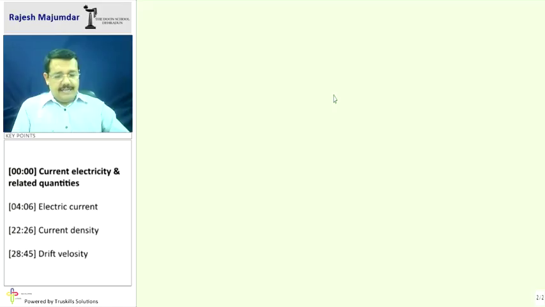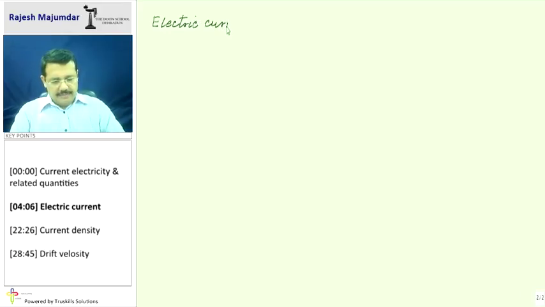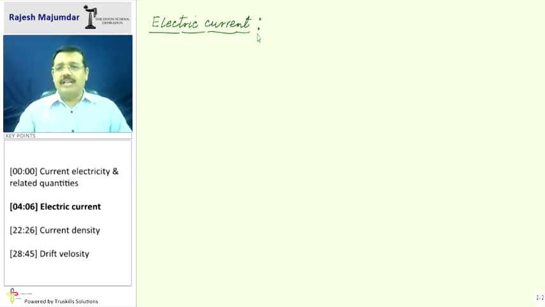So the electric current is basically defined by looking at a diagram. So let us talk about electric current. Electric current, and later on we will just spell it as current rather than every time talking about electric current.